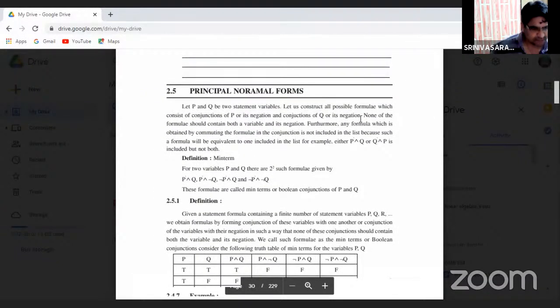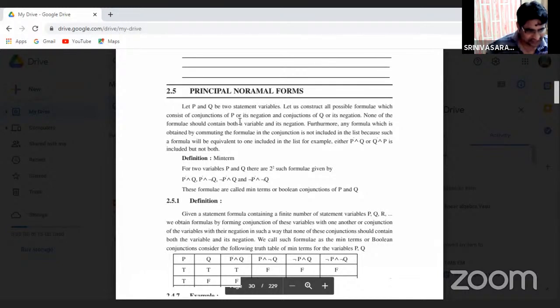Let us construct all possible formulas which consist of conjunction of P or its negation and conjunction of Q or its negation. Okay. Now you have to observe this sentence. Now there are two statement variables here. Now construct all possible formulas which consist of conjunction of P or its negation and conjunction of Q.